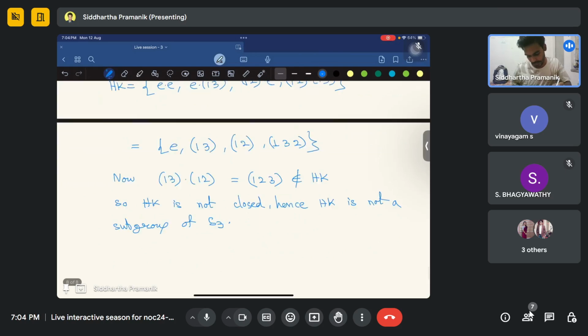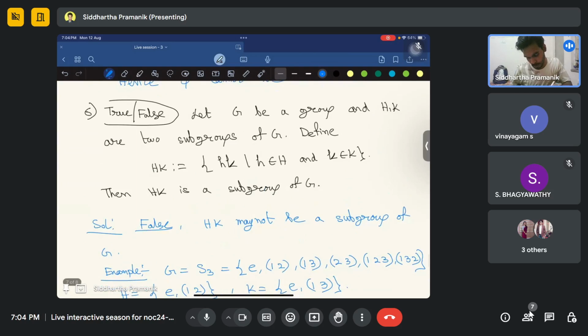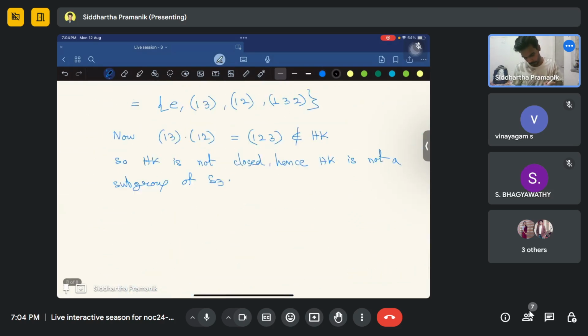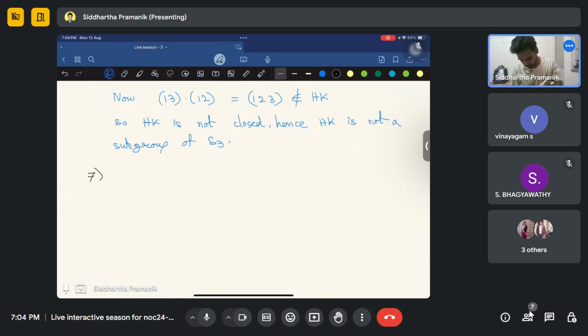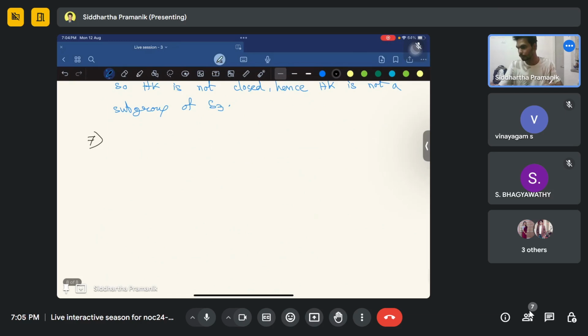Now let's see what are the cases in which it will be a subgroup. So the fact is, if one of H or K is a normal subgroup, then this product will be a subgroup. Okay, let me write it down.